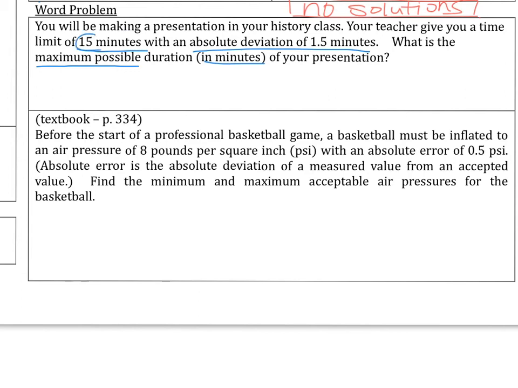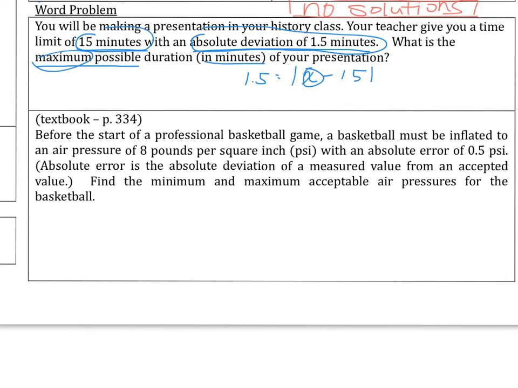So the given value is 15, absolute deviation 1.5 minutes. So we can set up our absolute value equation: 1.5 equals |x - 15|. Now when we solve for x, you're going to get two values, and one of them is going to be your maximum value.